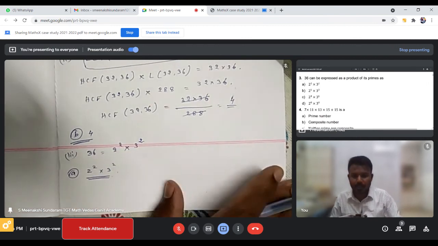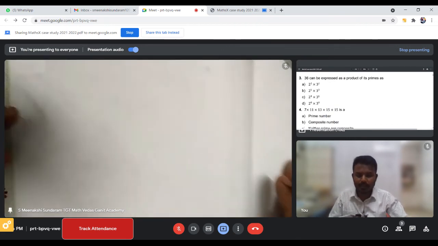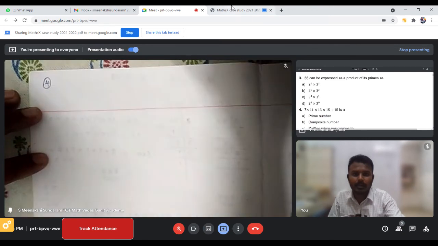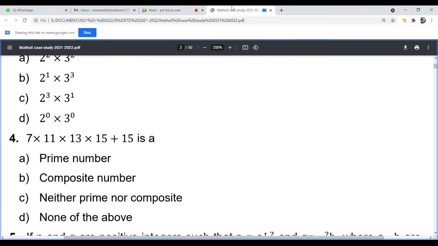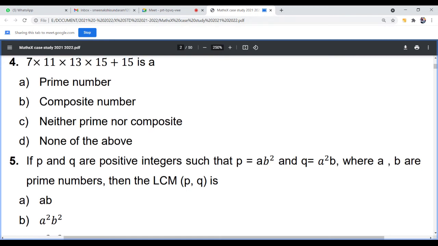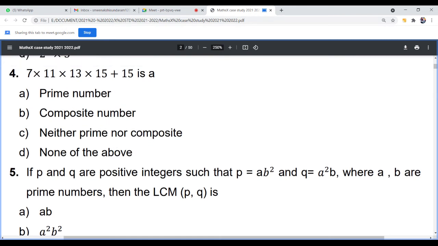Next, fourth question. Even this fourth question is a very easy one. 7 into 11 into 13 into 15 plus 15. They have given one expression with arithmetic operations. When we simplify this, we need to find whether we get a composite number, a prime number, neither prime nor composite, or none of these.